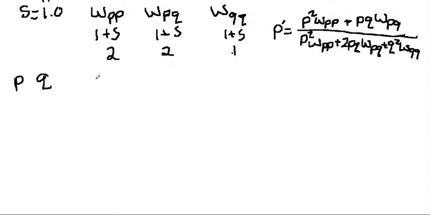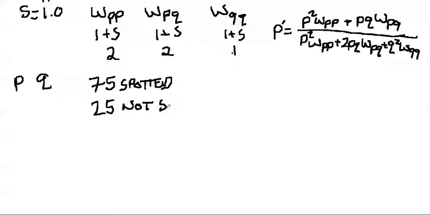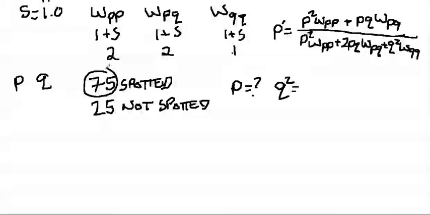So we need to try and figure out how many different bobcats we have. Let's say that we have 75 spotted bobcats and we have 25 not spotted bobcats. How are we going to figure out what P equals? Well, in this case, it's probably going to be easier for us to figure out what Q equals. And the reason why is because we have a bunch of individuals here who might be homozygous or heterozygous for that P allele.